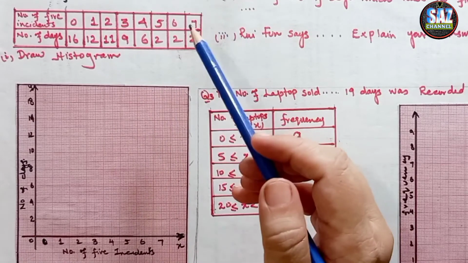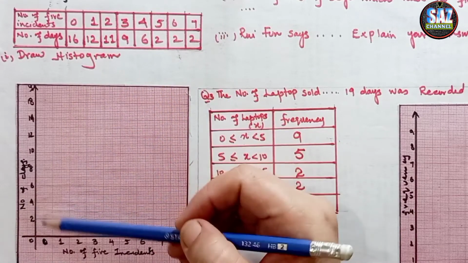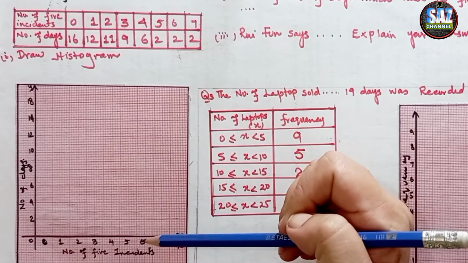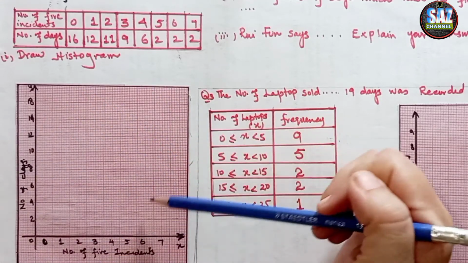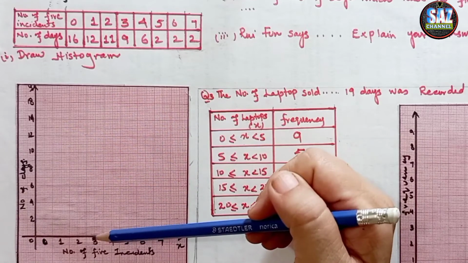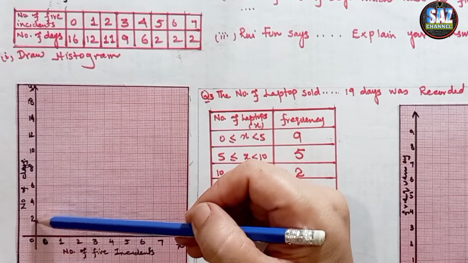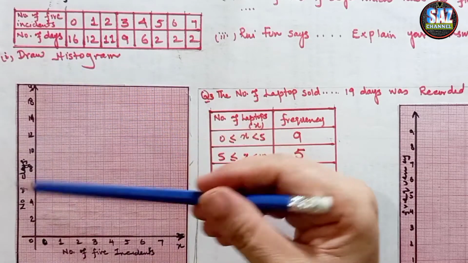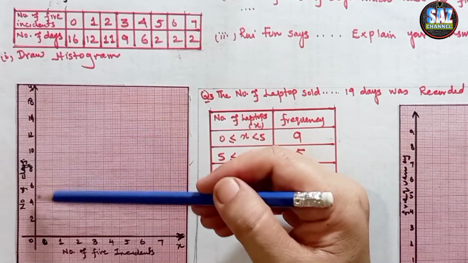The frequencies given in the question are 16, 12, 11, 9, 6, 2, 2 and 2. For the x-axis, we can adjust the scale so that 1 centimeter equals 1 unit. But for the y-axis, your graph has to be symmetrical as well. If I take 1 centimeter equals 1 day, then my y-axis will be taller than my x-axis. That will not be symmetrical.